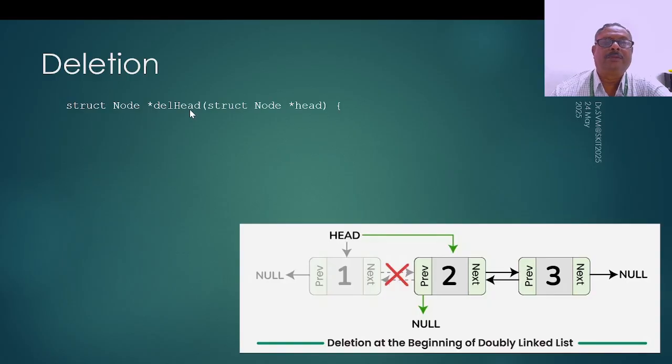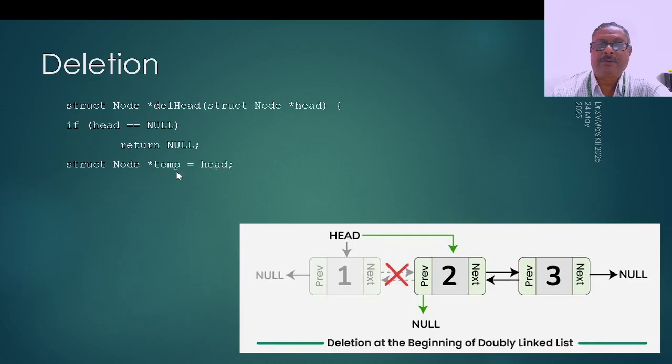So here we are trying to delete the head node. This whole operation is possible only when there exists some doubly linked list, or there is a node with a name called head. If it is null itself, then we don't have to do anything, just return back. Otherwise, this first node, what is called head, is stored as a temp. So the address of the first node is saved as temp, and then head's next will be called head from now onwards.